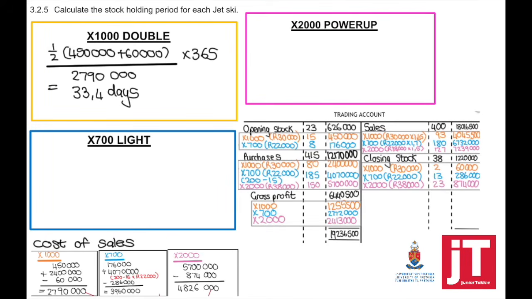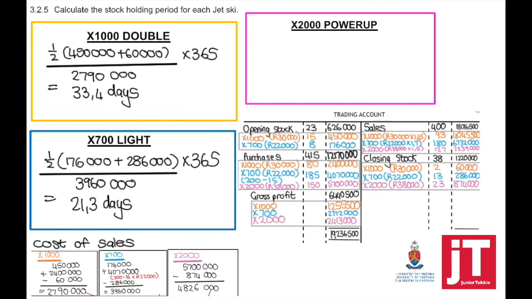Looking at X Double, opening stock plus closing stock divided by 2 equals the average divided by cost of sales times 365 means on average 33.4 days.